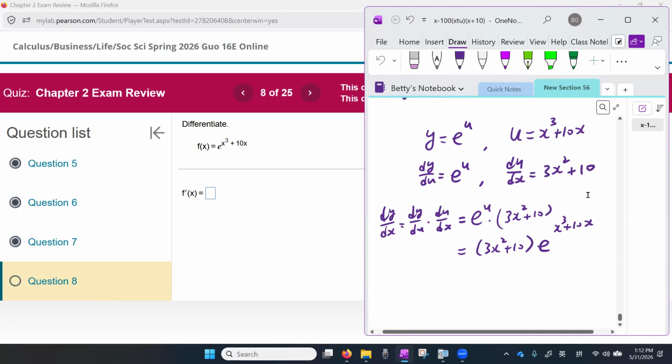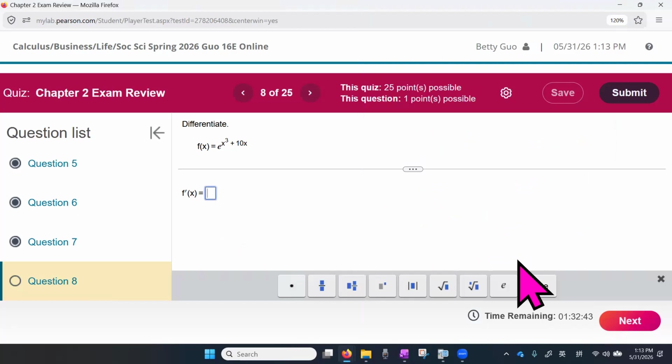If you know the formula for this one, it actually makes your job easier. The derivative of e to the power f is f prime times e to the power f. So the answer is going to be the derivative of the exponent, which is 3x squared plus 10, and multiply that by e to the power of x cubed plus 10x.